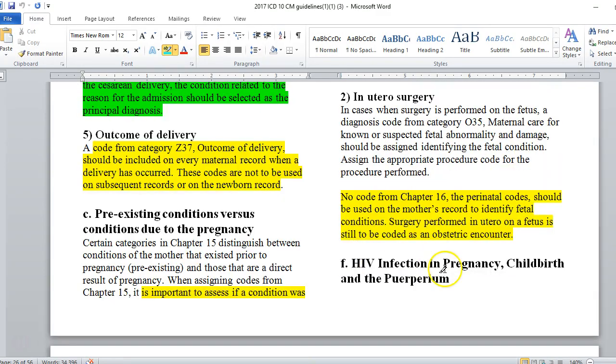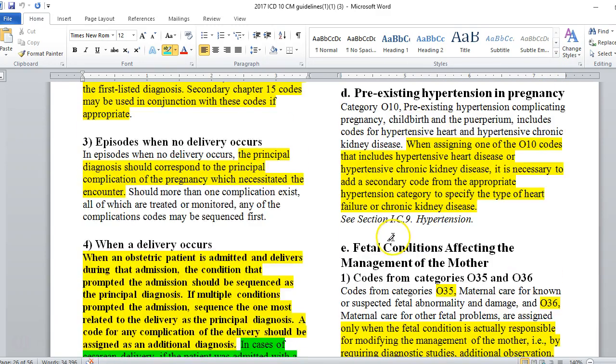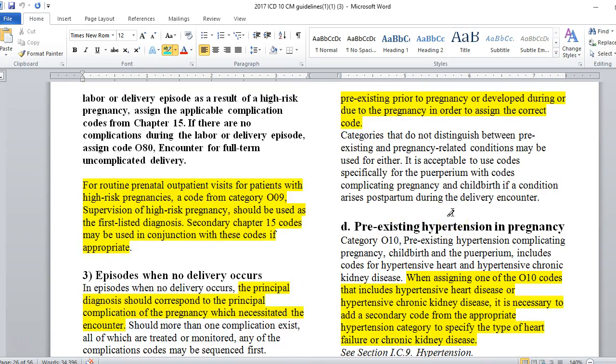Now, as I was saying before, certain conditions in Chapter 15 distinguish between conditions of the mother that existed prior to pregnancy, pre-existing, and those that are a direct result of pregnancy. When assigning codes from Chapter 15, it is important to assess if a condition was pre-existing prior to pregnancy or developed during or due to pregnancy in order to assign the correct code.